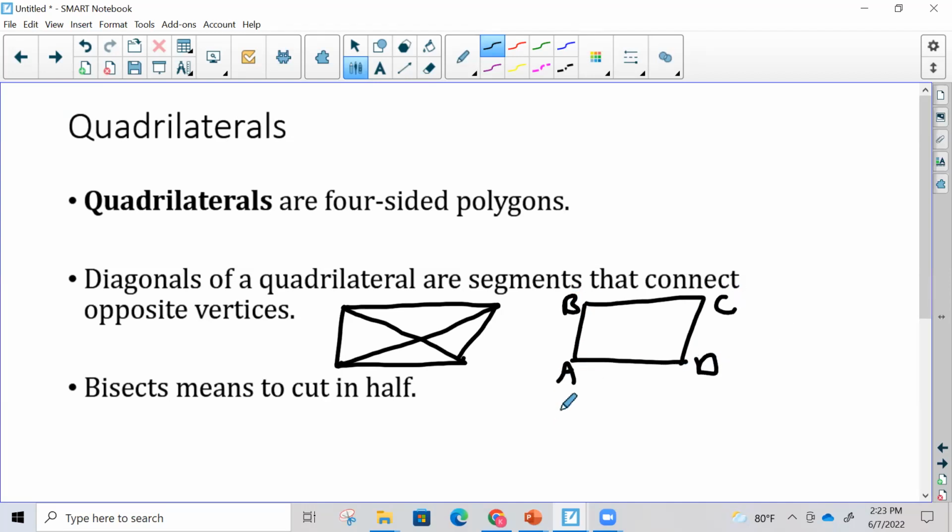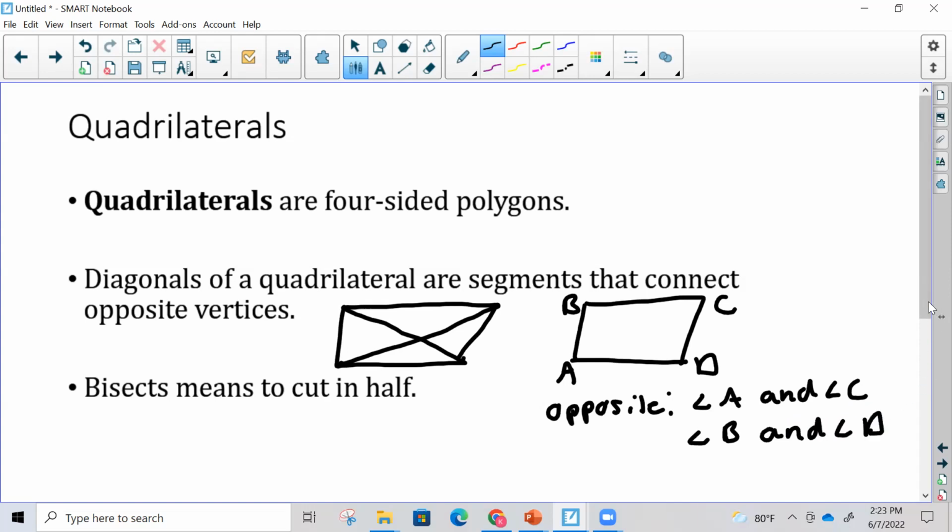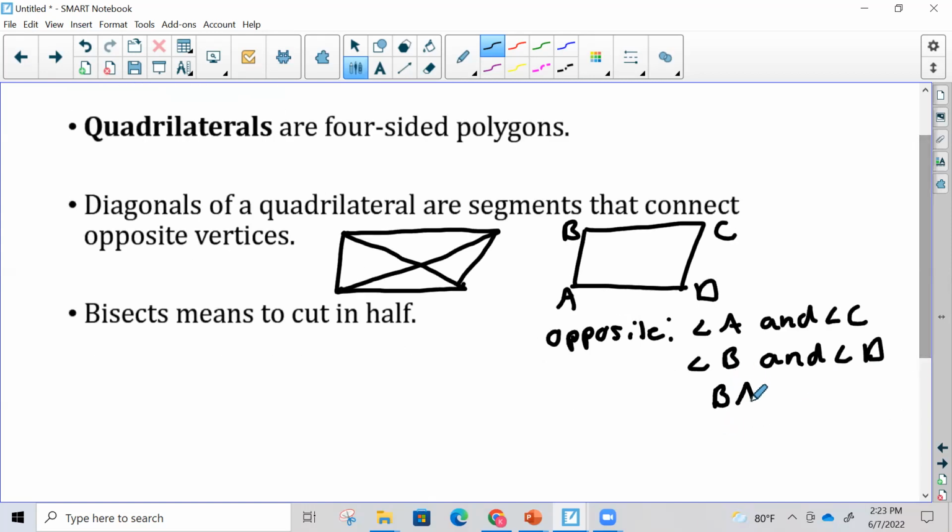Opposite in this one would be, if I'm talking about angles, I would say angle A and angle C, or angle B and angle D. If I'm talking about opposite sides, I would be saying BA and, sorry, that's not right, BA and CD. And then I would be saying AD and BC. So those are all opposites.